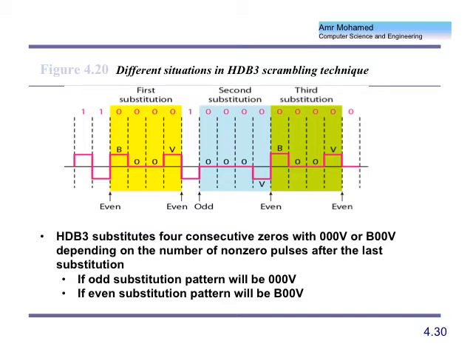So what this tries to do is that it says, I'm going to have 2 substitution patterns. If the previous non-zero voltage level, okay, is even, then I'm going to replace with B00V.